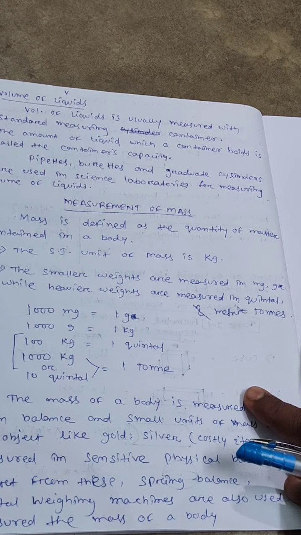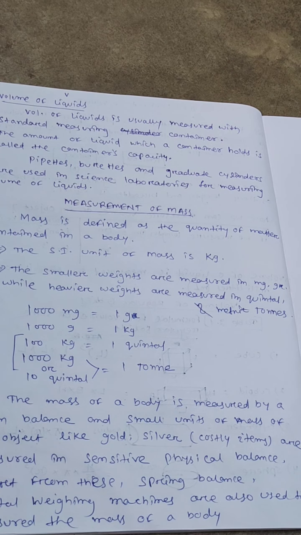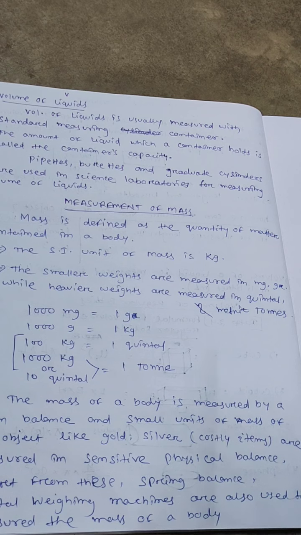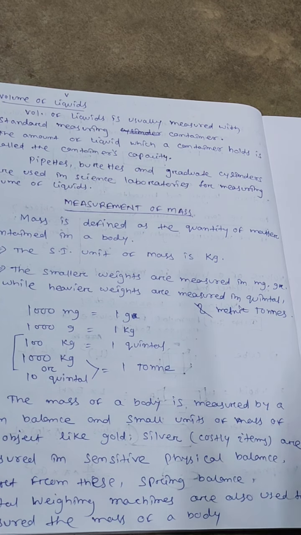So how can we measure the volume of irregular bodies? We all know that bodies which have no regular shape are known as irregular bodies. So their volume cannot be found by measuring their dimensions.